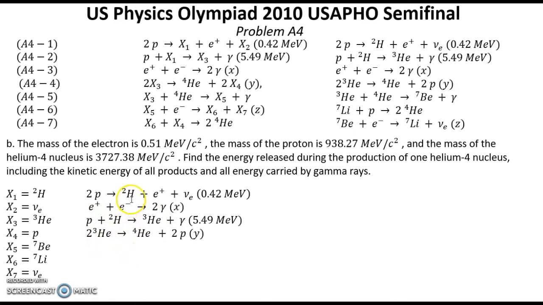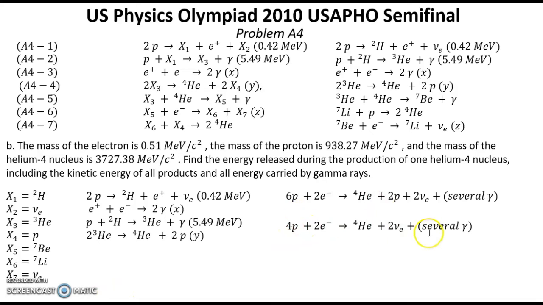When we combine them, on the left we can put all initial components, and on the right all final components. Initially we had 6 protons and 2 electrons, and we got 1 helium-4 particle and 2 protons, also 2 neutrinos and several gamma rays. Now in this reaction we can cancel 2 protons to count energy.